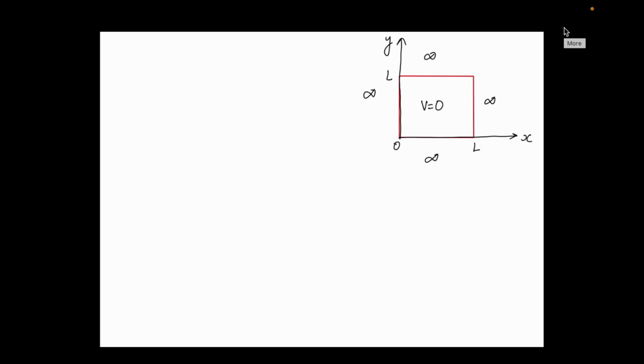If you solve the Schrödinger equation in 2D, where V is 0 in this region, you get the equation with E psi, because V is 0.